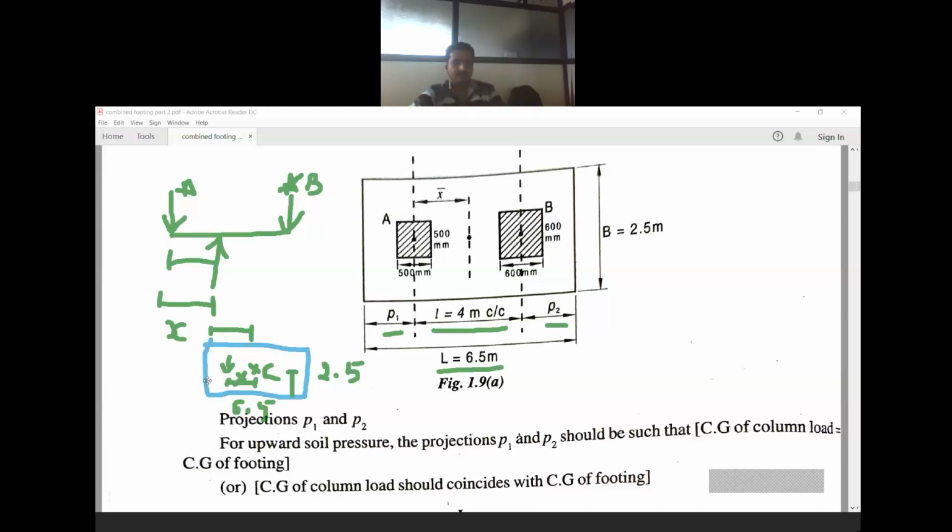The remaining length is the projection length. So this is the projection length. From the center to the edge of the foundation, the length will be L by 2. So from this diagram, we can note that L divided by 2 will be equal to projection length 1 plus x.